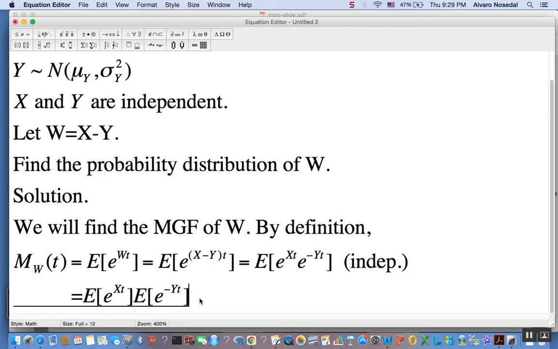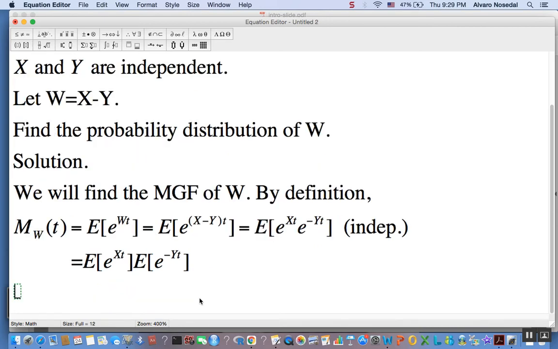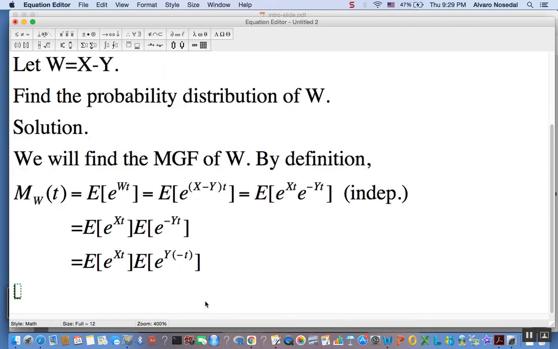Now, one more step. We could think about this as Y times negative t, and that's important for the next step.